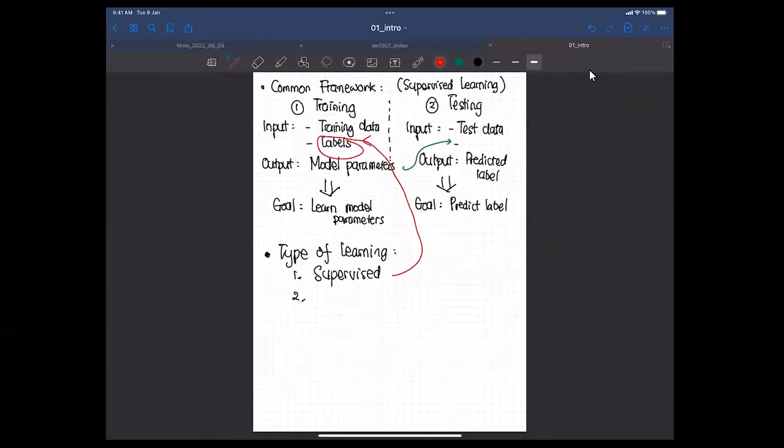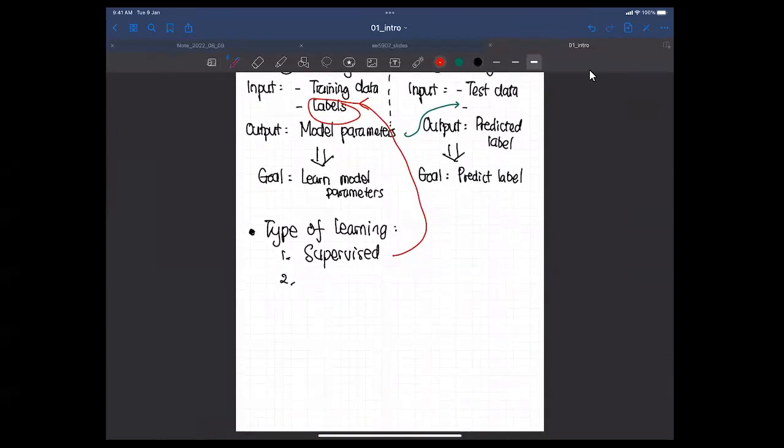That's the meaning of supervised learning. The label is something that can be considered as a form of supervision. If you have supervised, of course, we also have non-supervised, and non-supervised is called unsupervised.